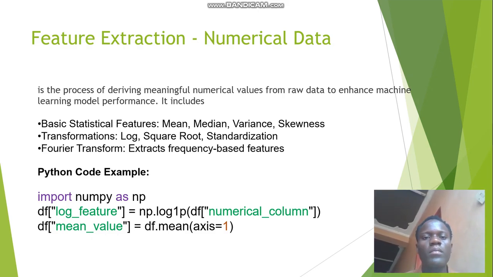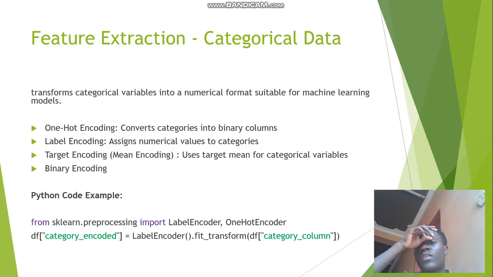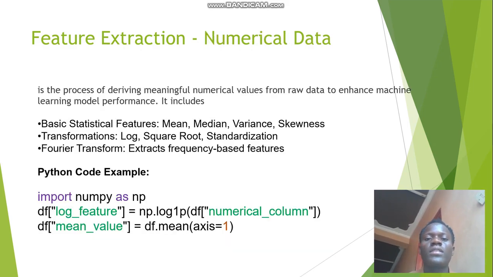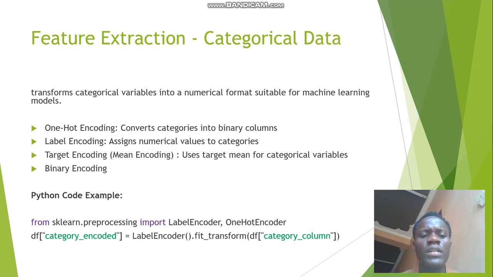So that is an example. Next is categorical data. This one transforms categorical variables into numerical format suitable for machine learning. From raw data, we transform categorical variables into numerical format. Then we have one-hot encoding, which converts categories into binary columns.